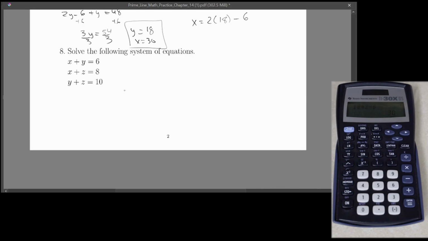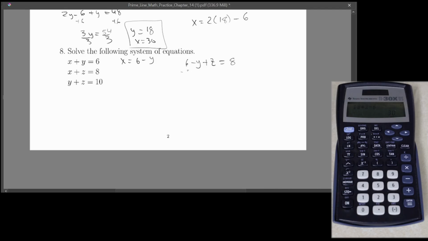Okay, for our next systems of equations, we're going to substitute for one of these. So we'll rearrange this first equation and say that x equals 6 minus y, and we'll plug it into the other two equations. So for this first one, we will have 6 minus y plus z equals 8.